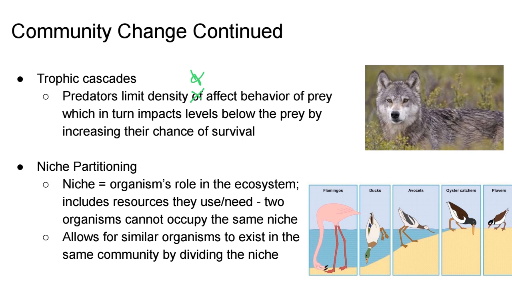So, for example, the prey that the wolves were impacting, in addition to culling some of the numbers by eating them, they were also chasing them back into the forest. So they weren't eating so much of the meadow grass. And so then the meadows were having a chance to come back, which allowed other organisms below the prey to then increase their survival.